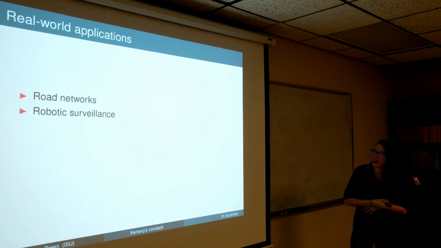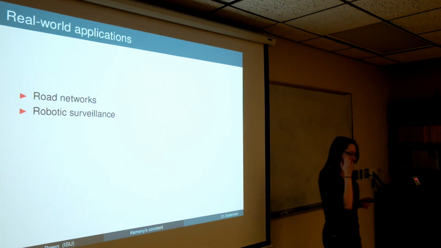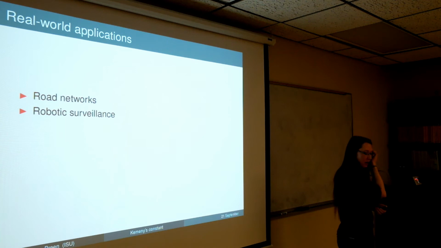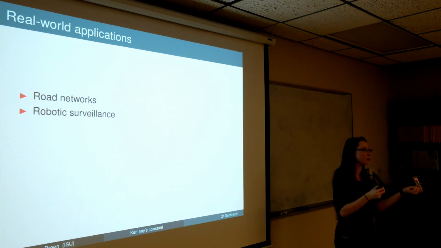Another application is in robotic surveillance, which sounds cool. There was a group of engineers who wanted some classical problem of finding an intruder in a network and coming up with an algorithm to give your robot to be able to discover the intruder.